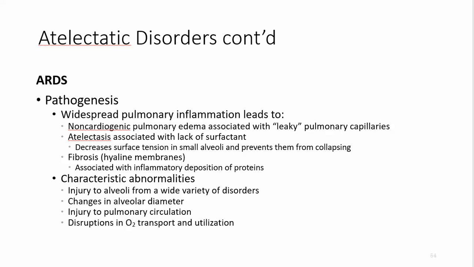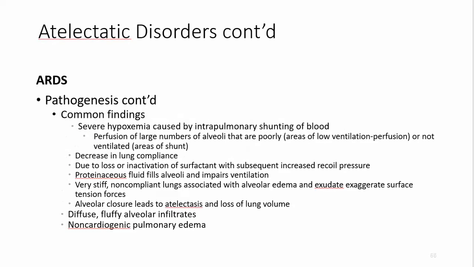If you don't have enough surfactant for the amount of liquid, you're at risk of collapsing. If you survive this, fibrosis is often a problem. So it's injury to the alveoli from just about anything.